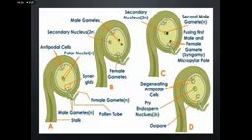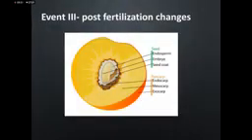Now in picture D, you can see the antipodal cells are degenerating. Primary endosperm nucleus is produced and the oospore, that is zygote, is produced. Now the embryo sac has a zygote and PEN. All the other cells degenerate on their own.